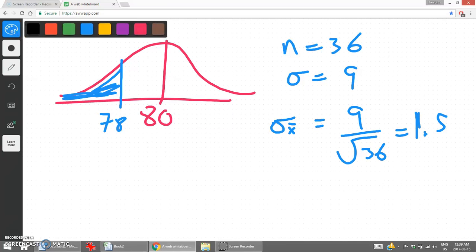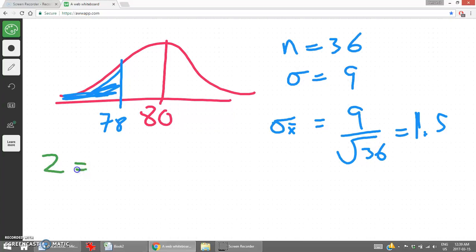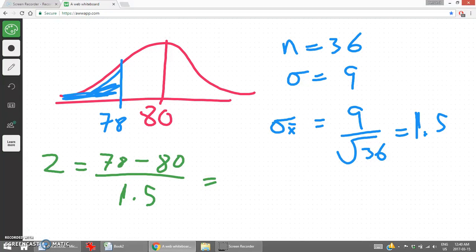We go ahead and calculate Z just like we would normally. The difference is we have a sample mean of 78, minus the population mean of 80, divided by the standard error. We're going to divide by 1.5, not by 9. The probability and the distribution is now dependent on the sample size. So we get a Z value of negative 1.33.